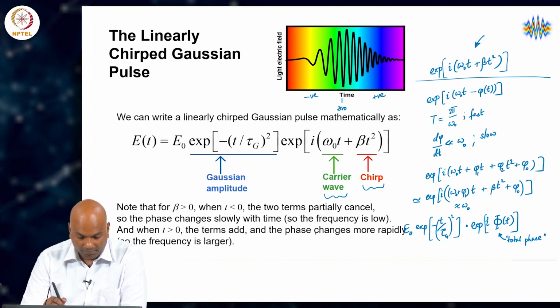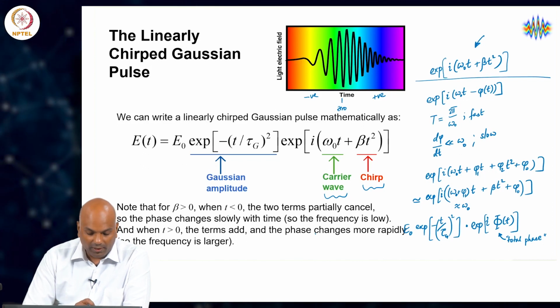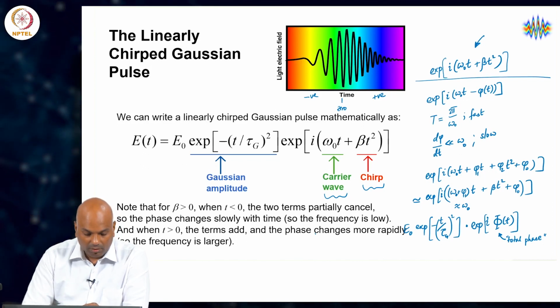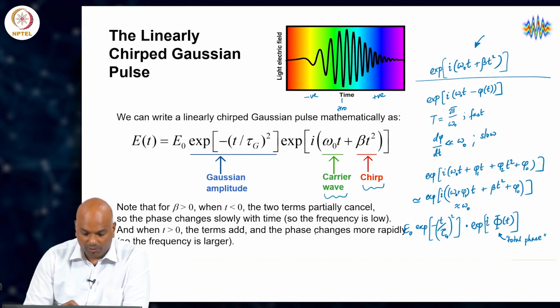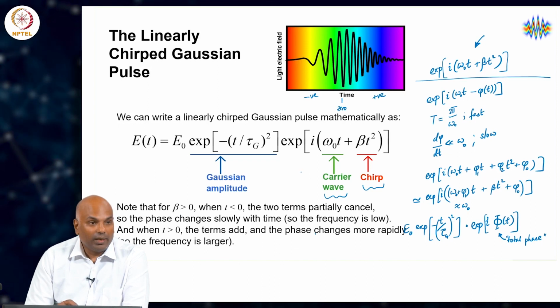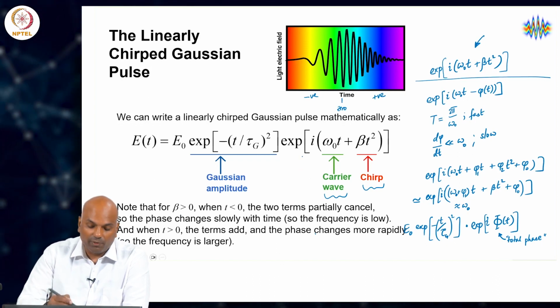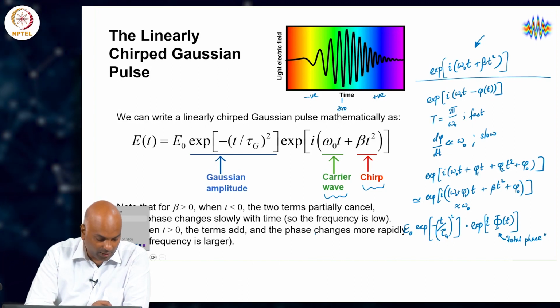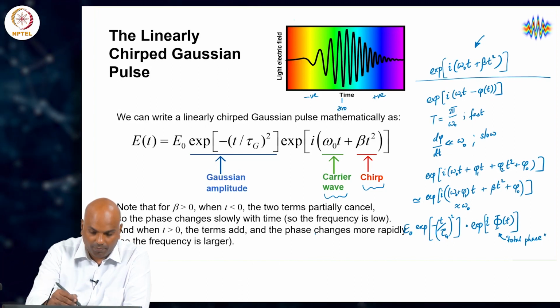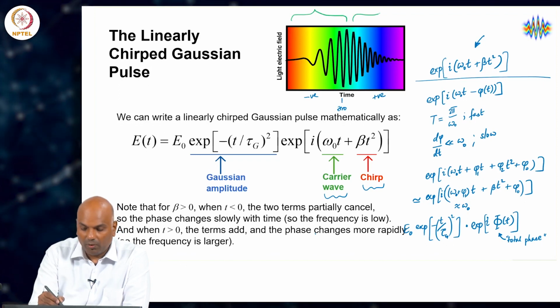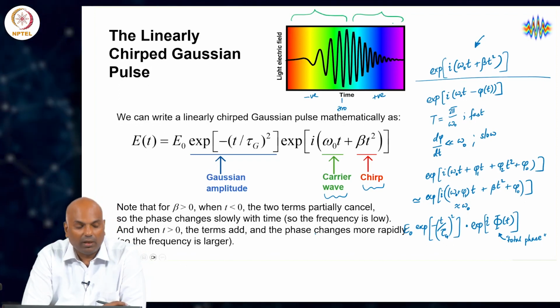Then on one side beta, for t equal to 0, the two terms tend to partially cancel out each other and the effective instantaneous frequency on one of these sides is lower than omega naught and on the other side it is higher than omega naught.